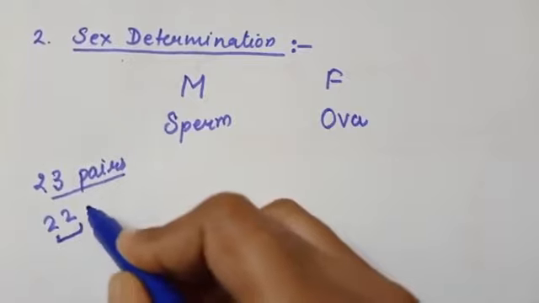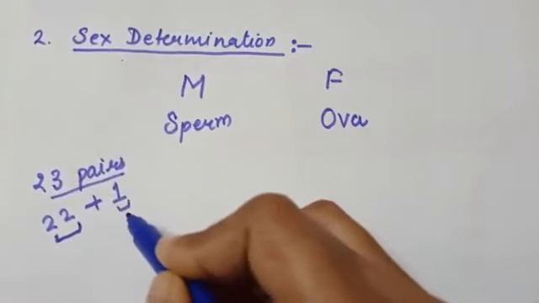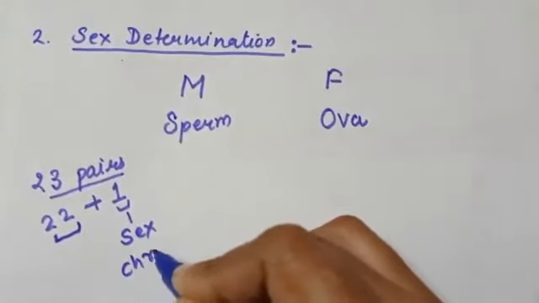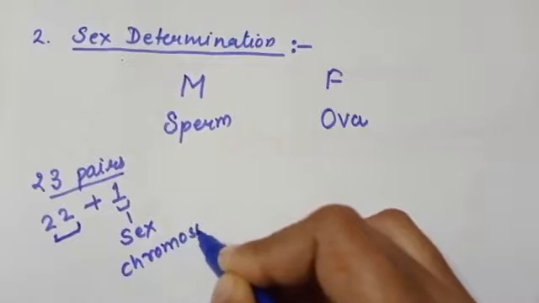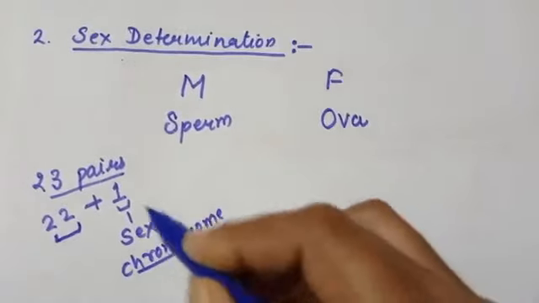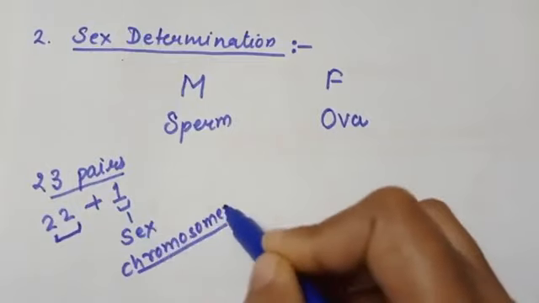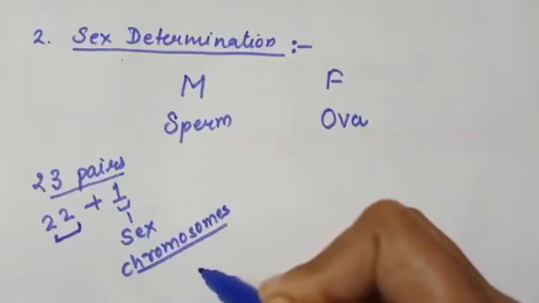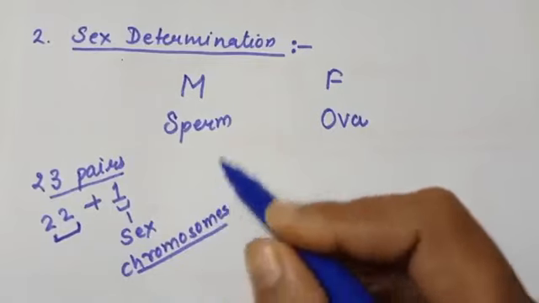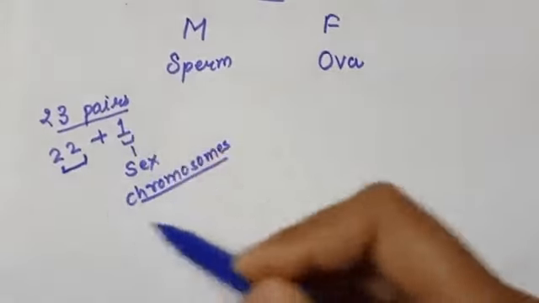Now, the one pair which is left is called the sex chromosome. Two chromosomes are present and they are known as sex chromosomes. They are also called allosomes.